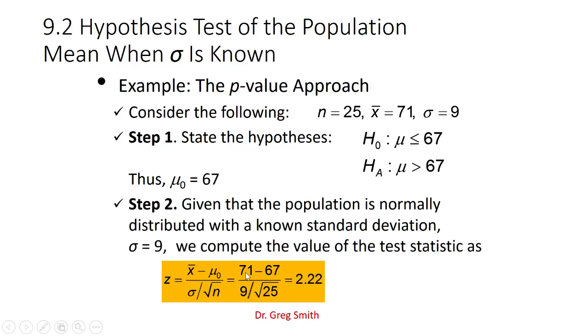So we know all this information. 71, sample mean, minus 67. Here is your standard deviation. Here's your sample size. Square root, so that's 5. And you get a z statistic of 2.22. Now, we know a couple of things already about how these things work when looking at the empirical rule.